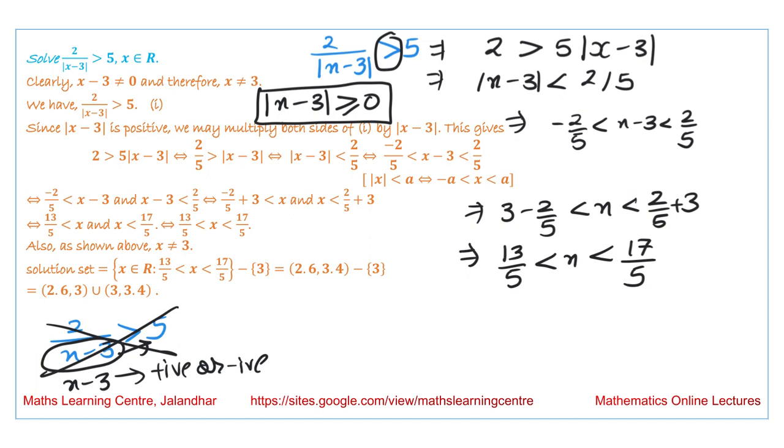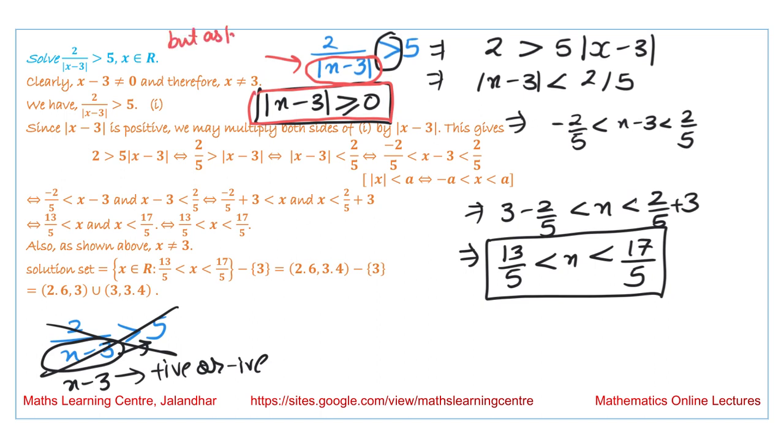So the solution set we have is, from this term, we can see that these are the values of x. But if we look at the given equation again, mod of x minus 3 is greater than or equal to 0, but as mod of x minus 3 is in the denominator, so this thing is given over here that x belongs to R. But what is the domain of this set?